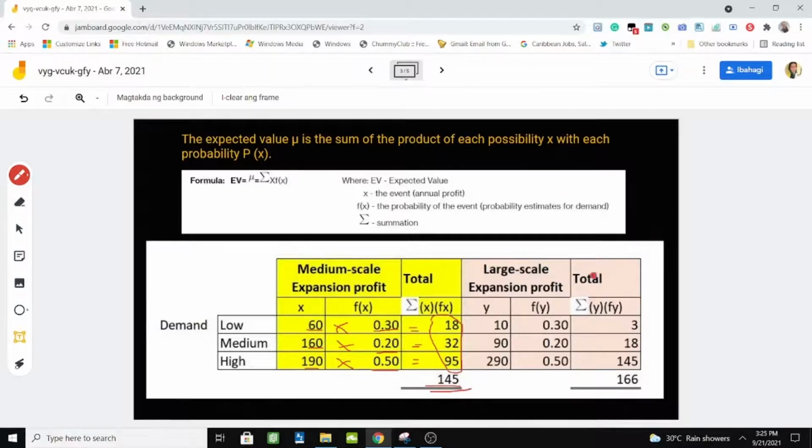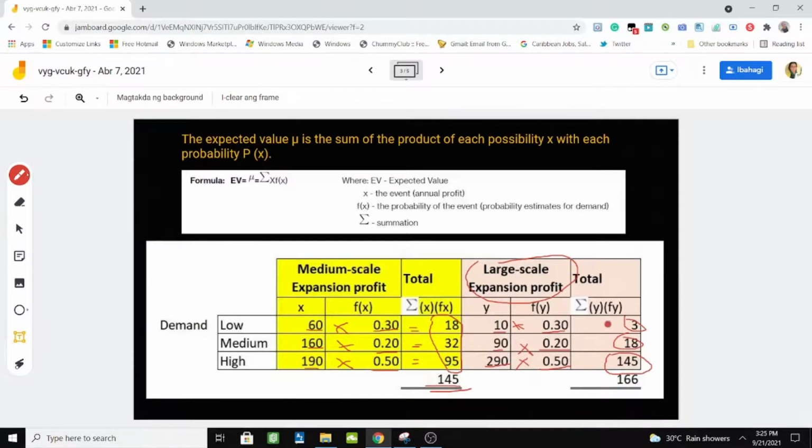And then for the large scale expansion profit, same thing that we have to do is to multiply this y to our fy. So 10 times 0.30, this would give us 3, and then 90 times 0.20 is 18, and 290 times 0.50 is 145.